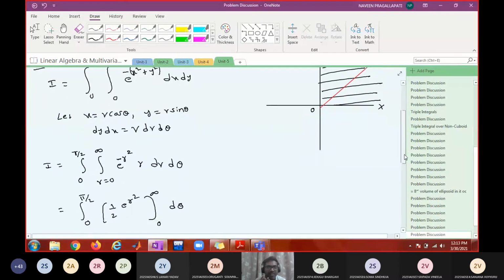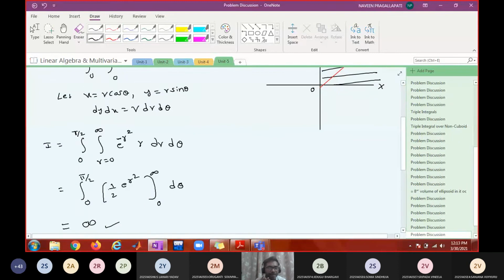Then what will be the integration of this? Is minus 1 by 2 e power minus r square the integration? If you differentiate, what do you get? Minus 1 by 2 e power minus r square times minus r dr. Minus minus gets cancelled. I think this is the integration, right? Do you agree?